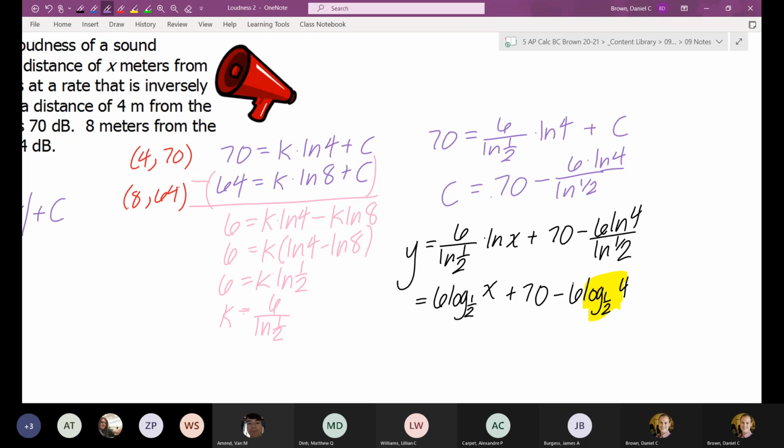So I see the 2 there, like 2 squared is 4. How would I get the 2 out of the denominator? -2. So this piece is just -2. So you could write this as 6 log base 1/2 of x plus 76 times -2 plus 12. And then of course add those together.